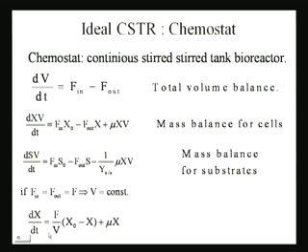So when you do the simplifications, you get dx/dt equals F over V times (x naught minus x) plus mu x. It looks like a much simpler equation, and just as he said, if you want to include the death of cells, replace mu by mu hat, where mu hat is mu minus beta, beta being the specific death rate of cells.